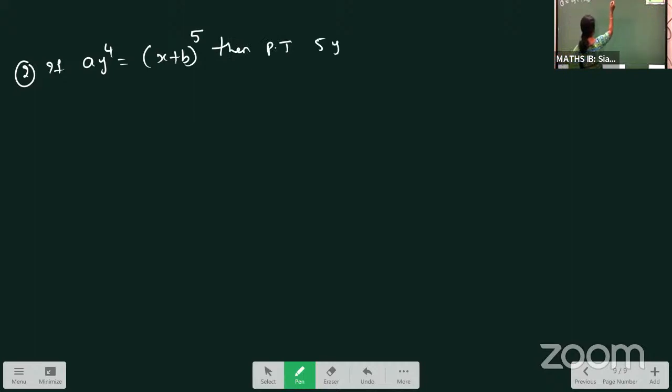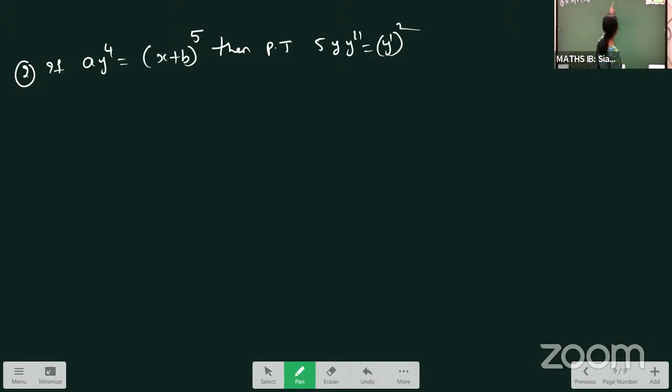If a y to the power 4 is equal to (x plus b) whole to the power 5, then prove that 5y double dash is equal to y dash square.